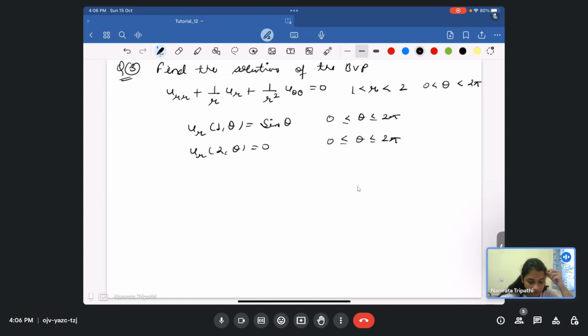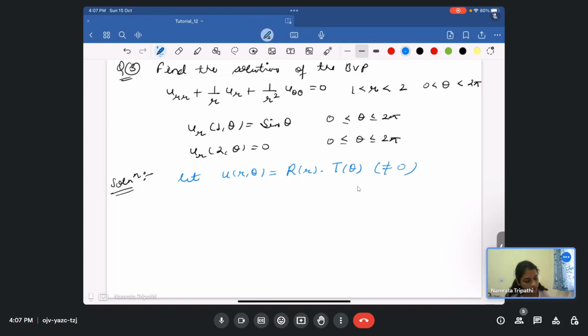Again, we will use variable separable for polar coordinates. Let u equal R(r) times T(theta), which is not equal to 0.